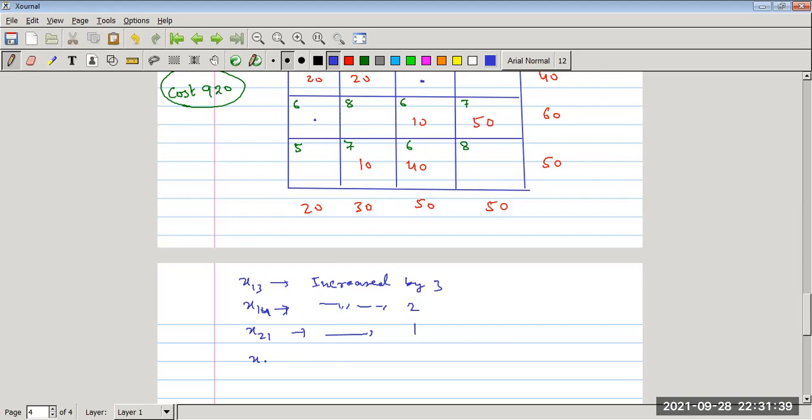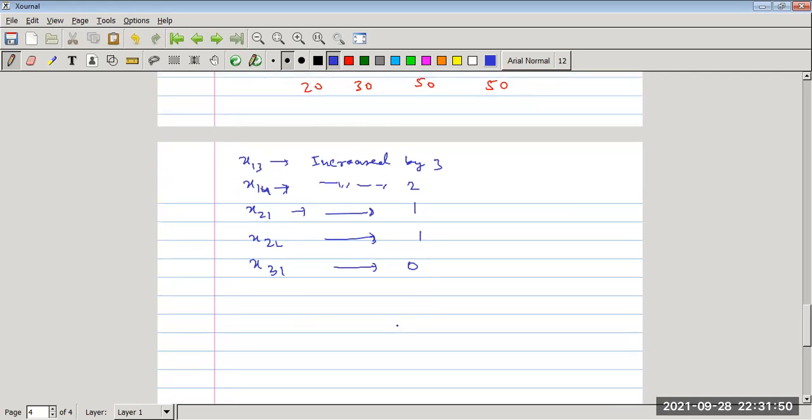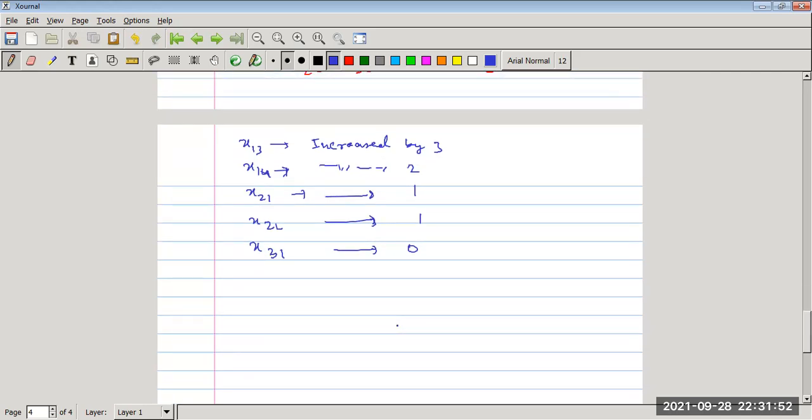If you check X22, it is increased by 1. If you check X31, it is 0. So there is no change. If we get 0, it means we have another possibility how we can allocate, but the cost remains the same.